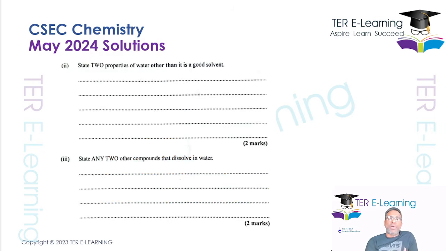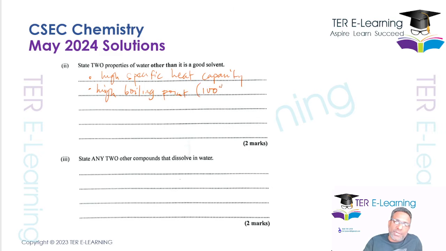State 2 properties of water other than it's a good solvent. So they want properties of water, and they only want 2, so any ones you remember will be fine. You could say high specific heat capacity. You can also say high boiling point. 100 is a high boiling point, which is 100 degrees Celsius.